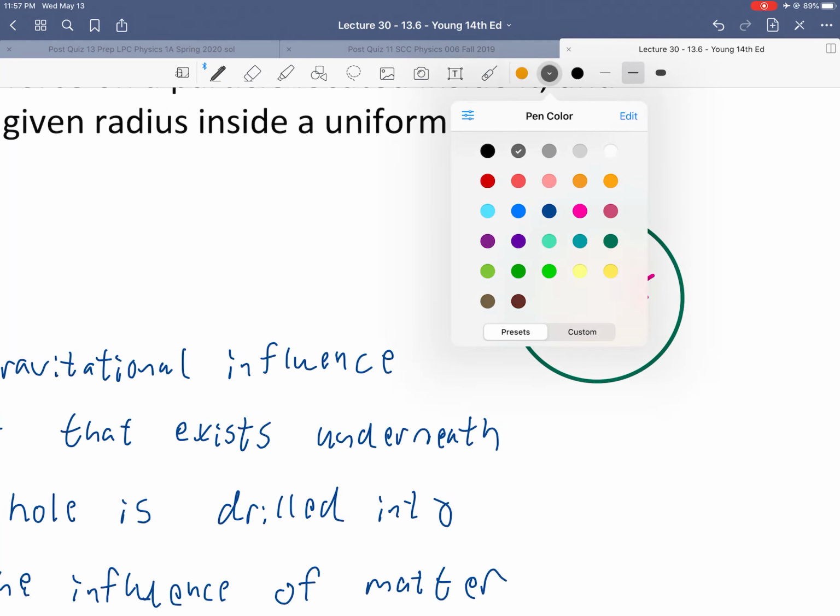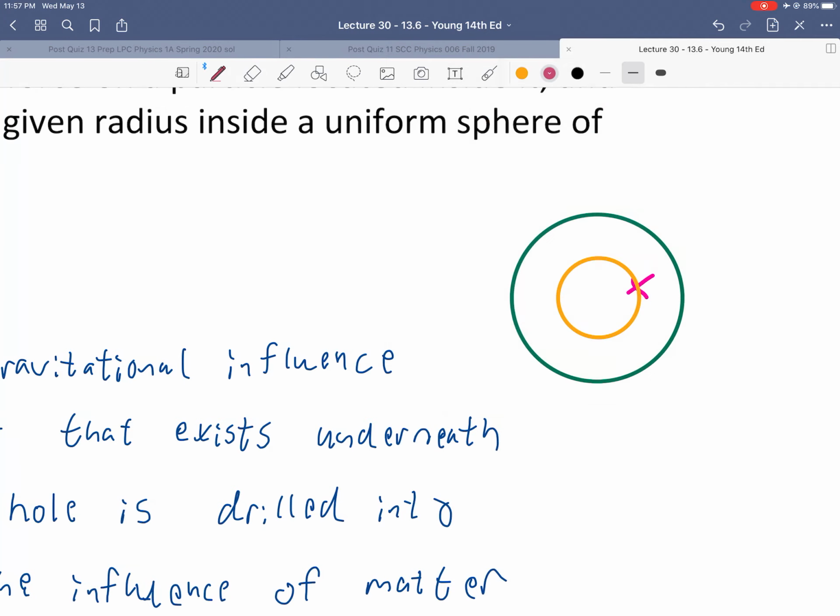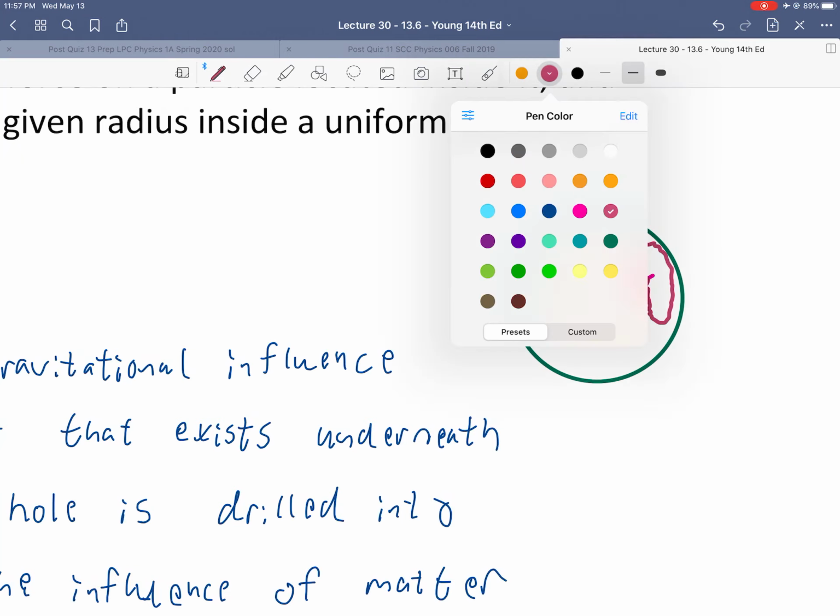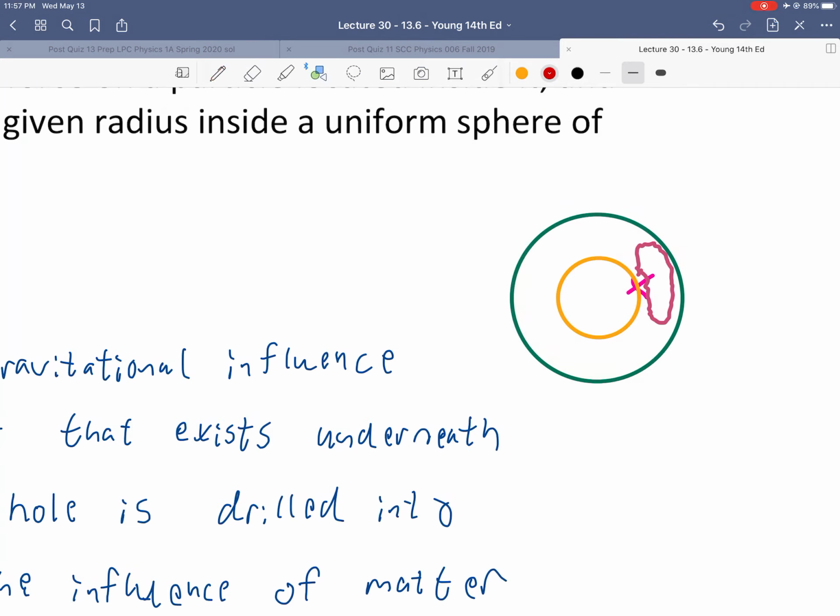And the hand-wavy explanation that can be shown with more complex multivariable calculus is that there's a certain amount of mass that is more or less directly overhead. And that mass is creating a force in this direction, like so. Okay?